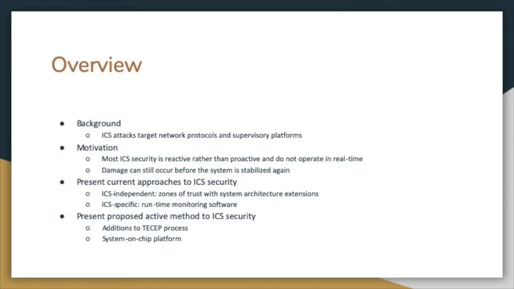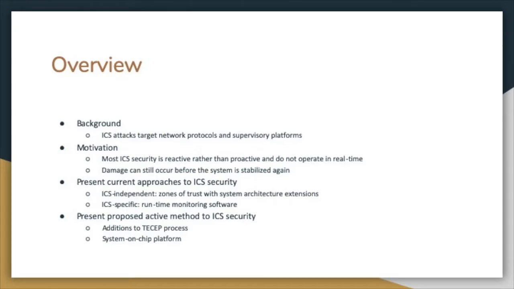Current approaches to industrial control system security can be categorized into general security methods and industrial control system specific methods. The general security methods include zones of trust, which delegate permissions for privileged operations at different layers or zones in both software and hardware.